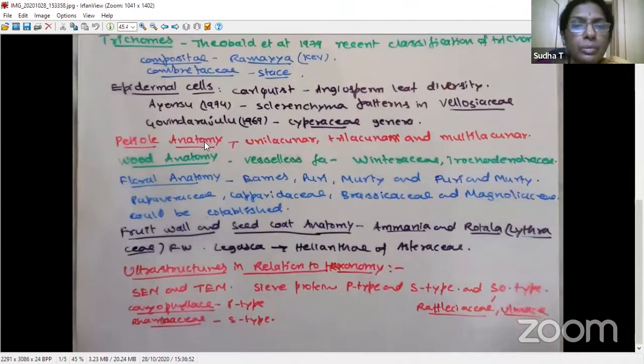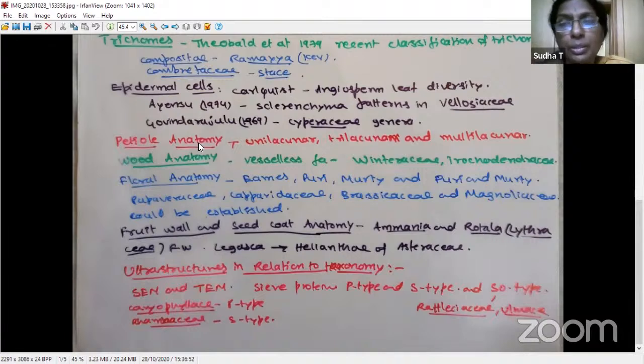And normally we think anatomy means we study the structure of the root, stem and leaf. Is it not? That's what we generally think. But in the plant, particularly in dicots, and of course even in gymnosperms, there will be a petiole, the shoot.